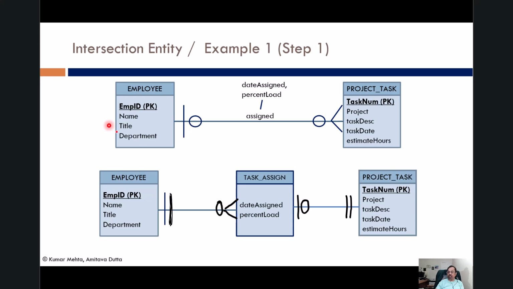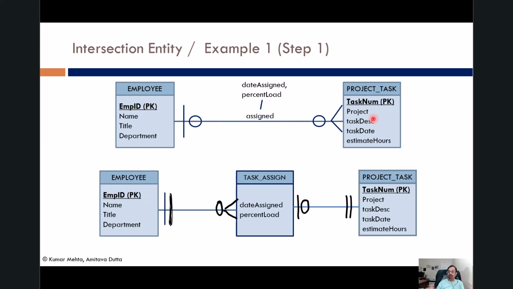If I look in the opposite direction, one project task is assigned to at least 0 and at most one employee. So you could have a task that has not yet been assigned to an employee. That's why the minimum cardinality is 0. Now, if this diagram is an accurate representation of reality, what this is telling me is this is a company that does not assign multiple employees to the same task.